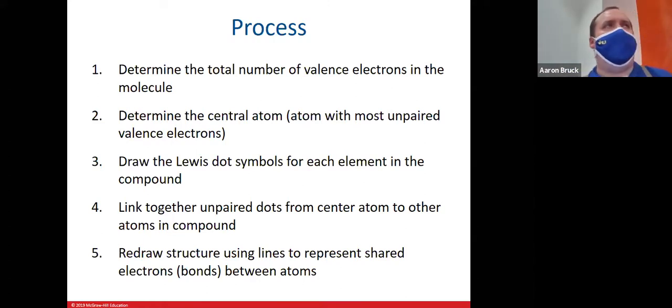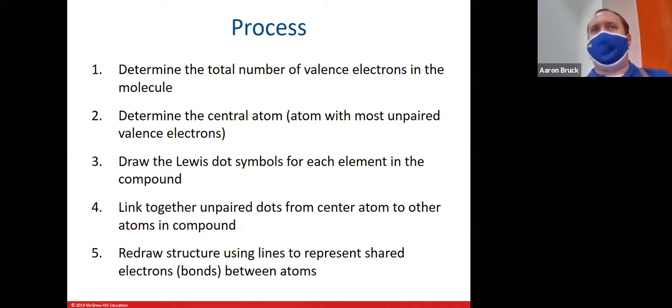So, say that I had ethyl alcohol. Well, ethyl alcohol, C2H5OH, has 3 different centers in it. You've got two carbons and an oxygen that all act as centers in that particular molecule. But the way that you would construct it would be the same.